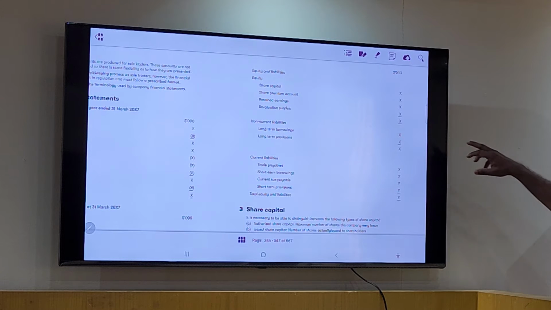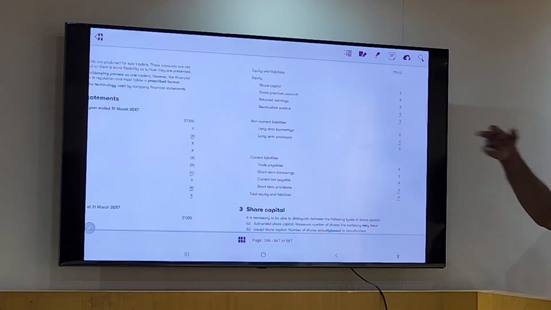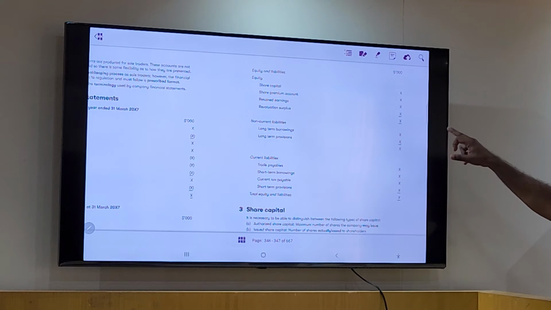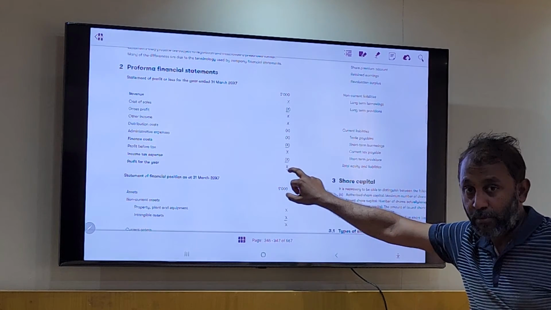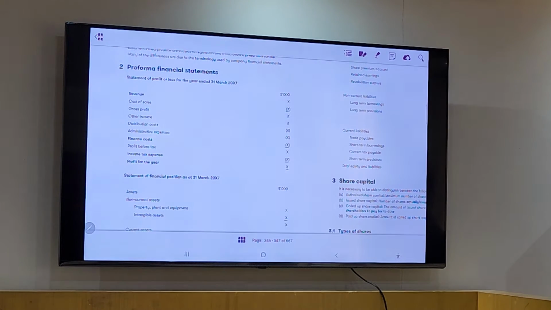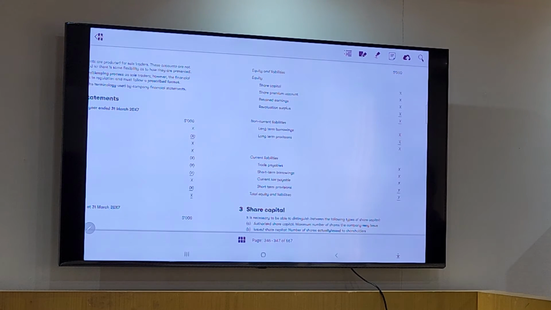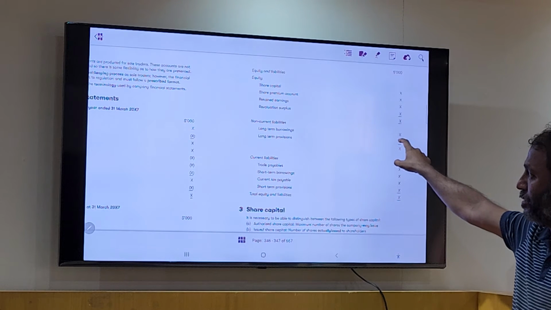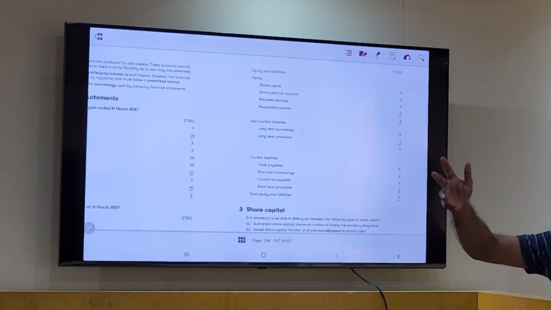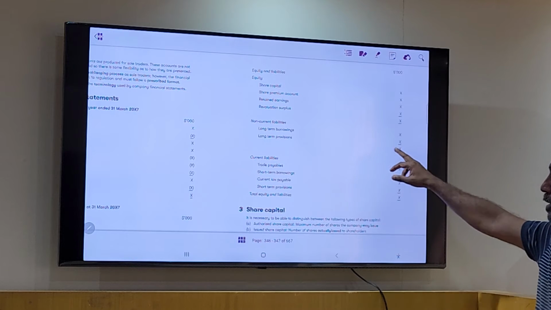Then we have share capital, you see share premium, that we discussed. And then retained earnings. Then you have liabilities, non-current liability, long-term borrowings like loans, leases, debentures, and long-term provisions.